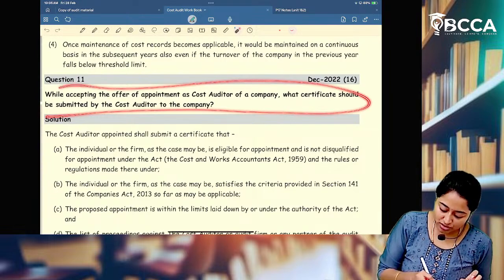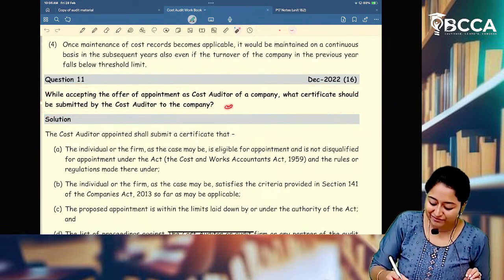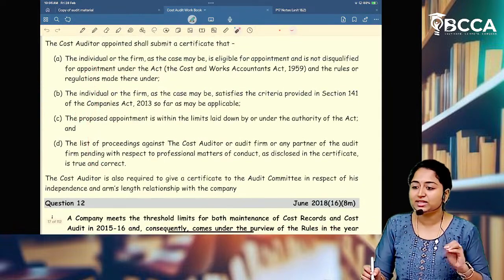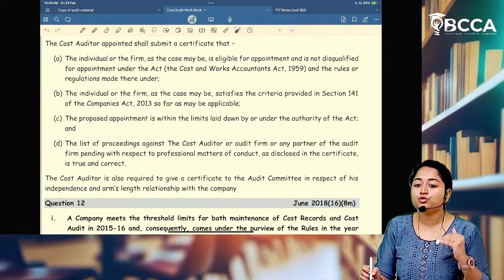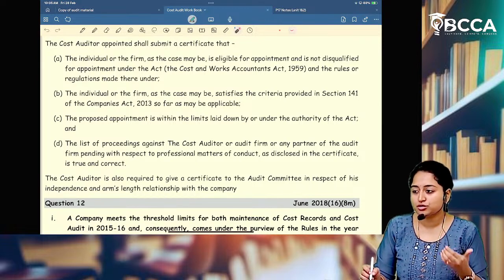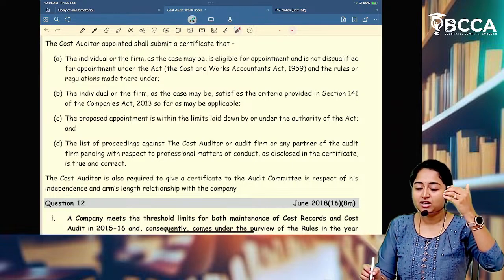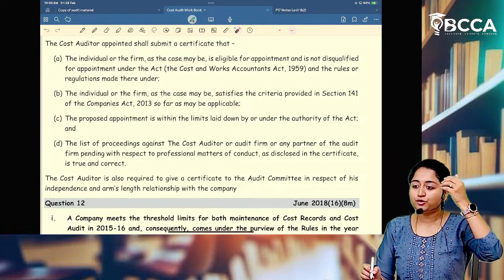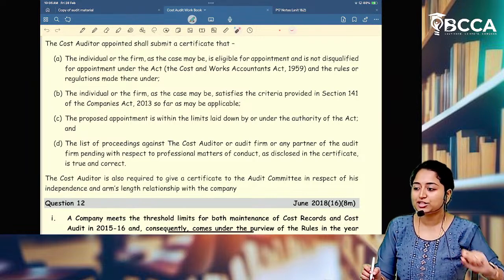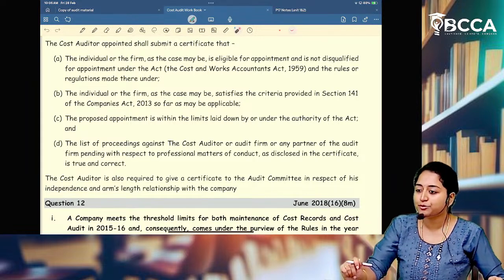Now, if this question is being asked for just 7 marks and you are writing only these 4 points, then you will not get the marks. So you have to elaborate the answer by writing more provisions of cost auditor. From the appointment, you have to write that within 180 days from the commencement of the financial year, the cost auditor has to be appointed by board's resolution by the board of directors.